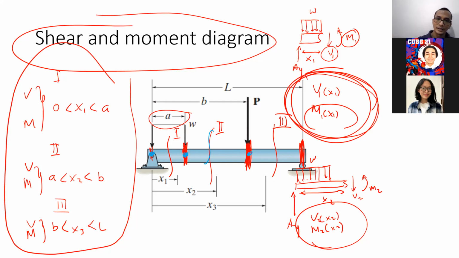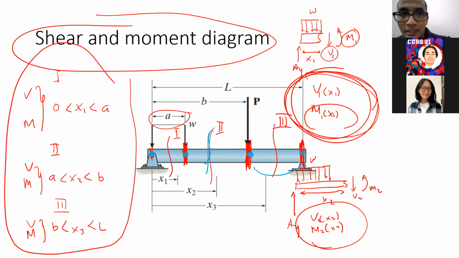So I will put it there. And lastly, the third region, from this point to this point, there is nothing there between P and the support. So most likely it will be continuous.